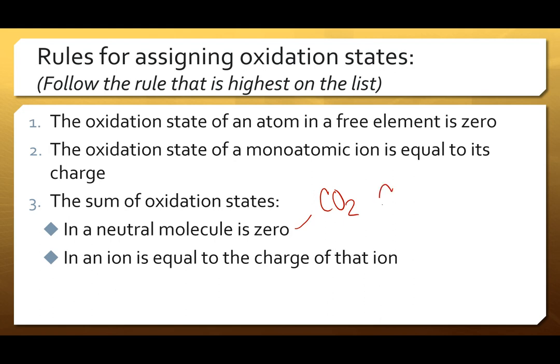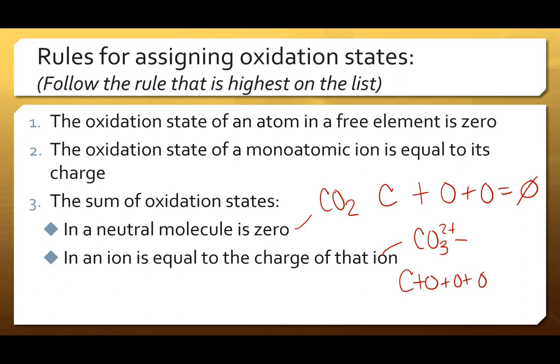When I add up the oxidation state of carbon plus the oxidation state of each of the oxygens, that's got to equal 0. If you've got an ion, something like carbonate, when I add up the oxidation states of the carbon and the 3 oxygens, the sum has to be the same as the charge on the ion. So it has to be 2-.